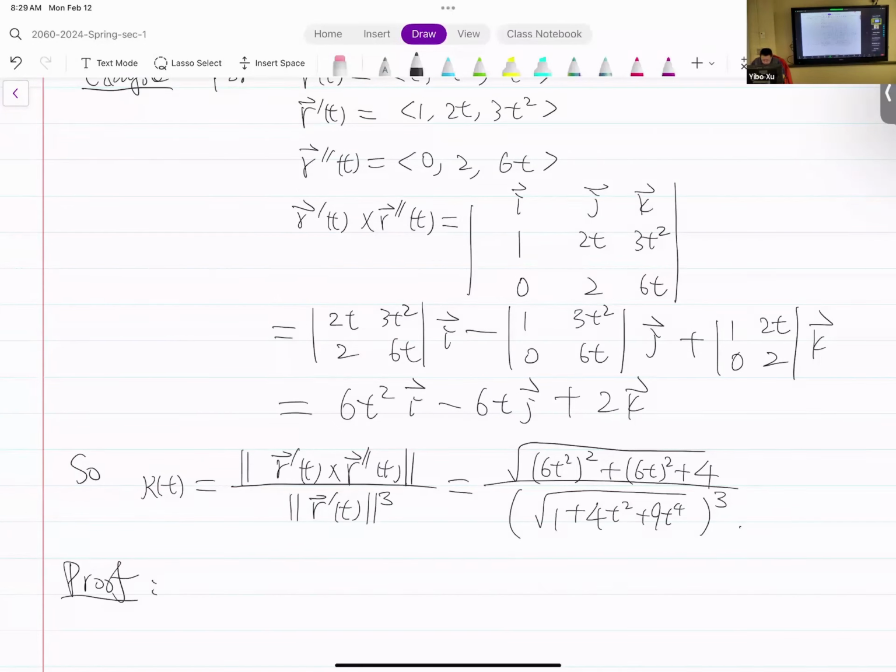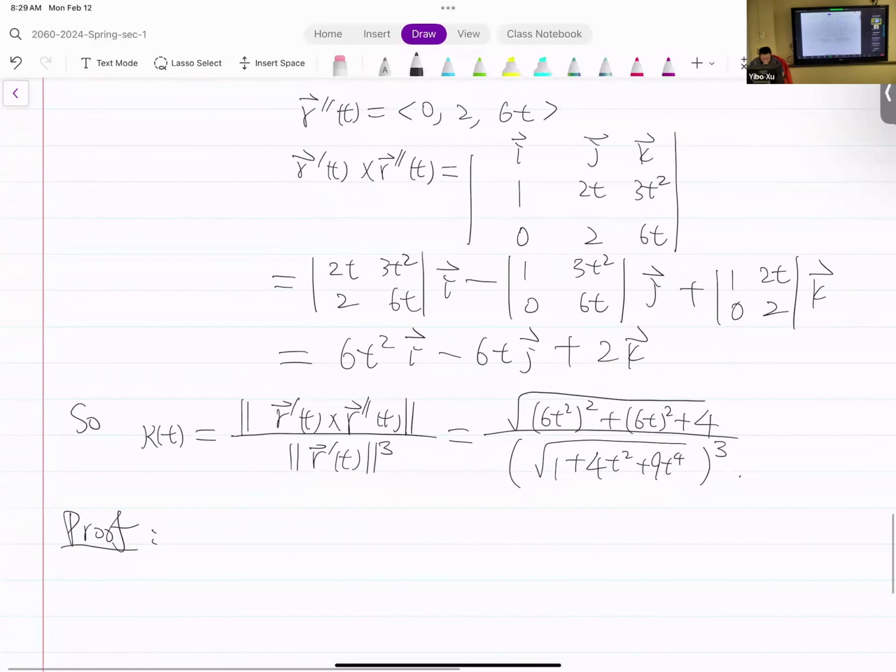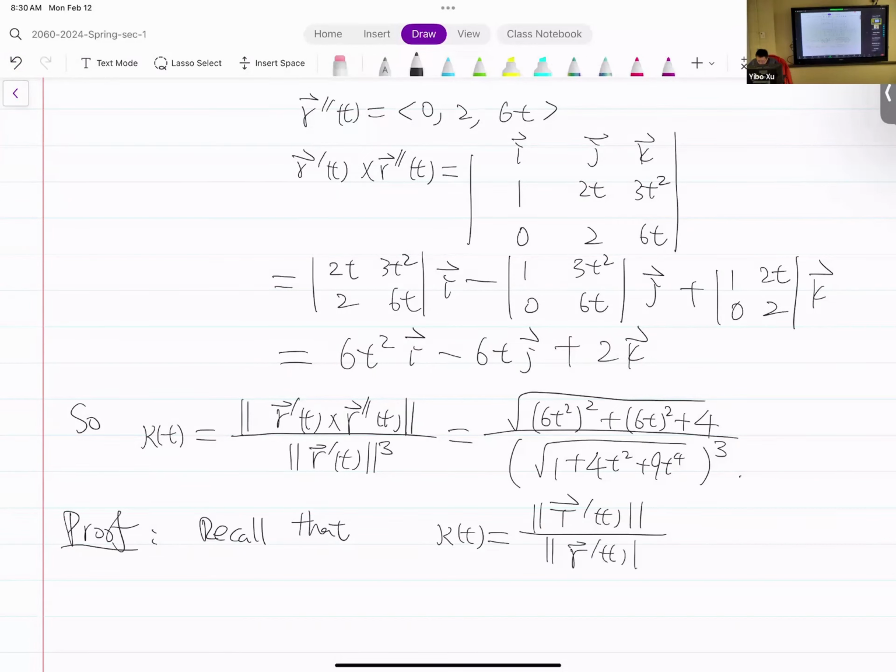So actually the proof is not so complicated because we have already learned the things that are necessary. Okay, recall that we know the definition of kappa is the magnitude of T prime over the magnitude of little r prime, right?